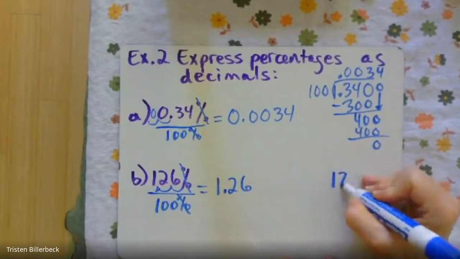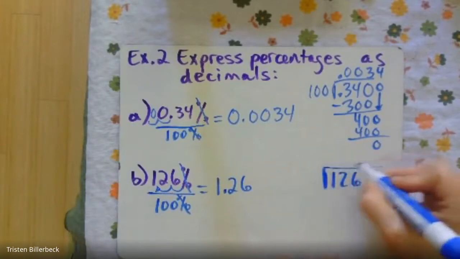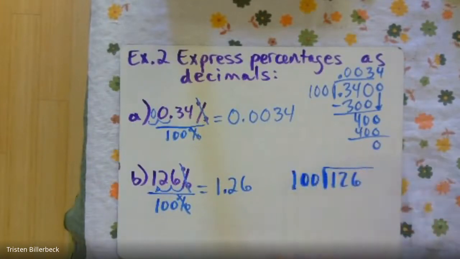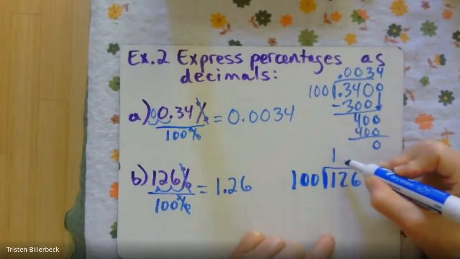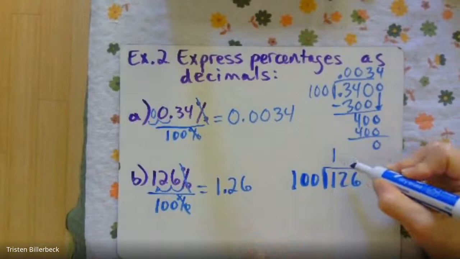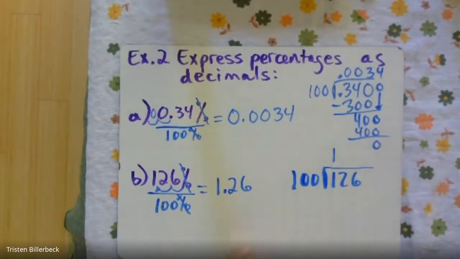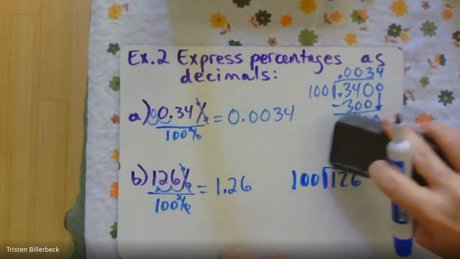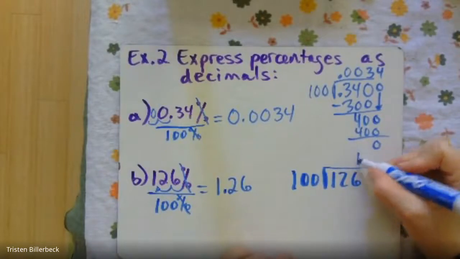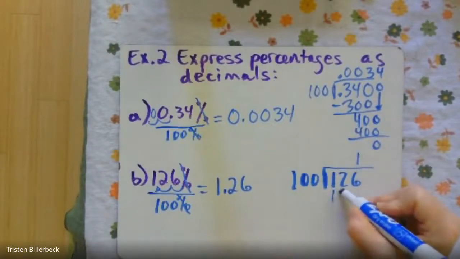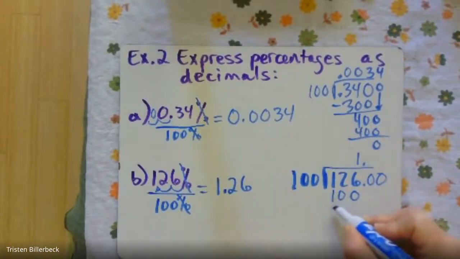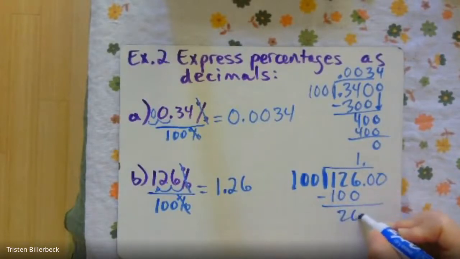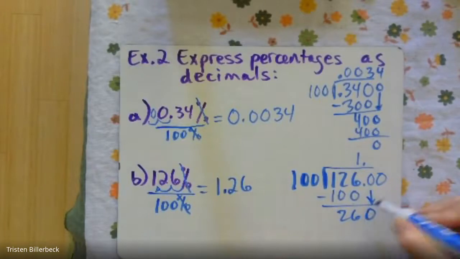And again, if we don't trust ourselves, we can go and do it like this. So we know that there's 1 hundred in that. Whoops, that's the wrong spot. So there's a 1 here. So we subtract and we have 260. We drop this down.